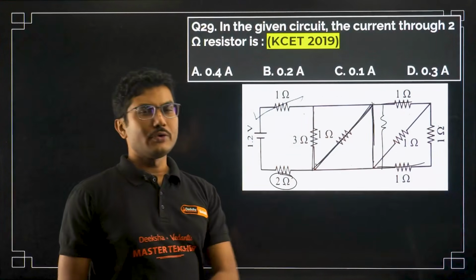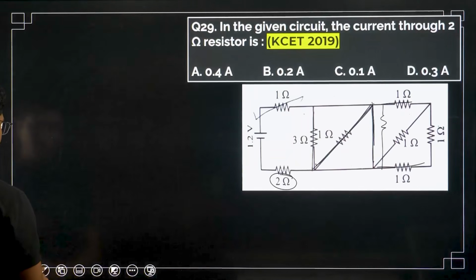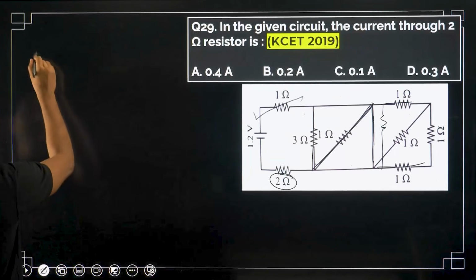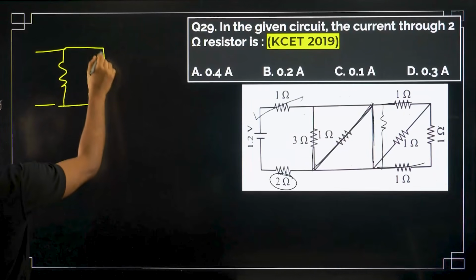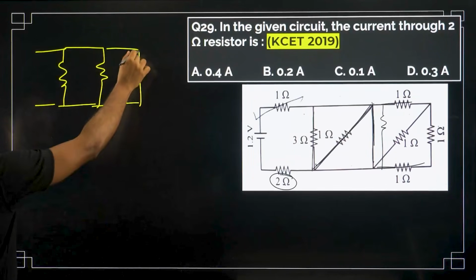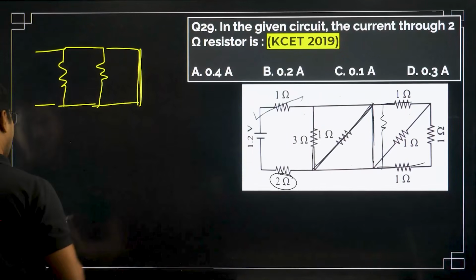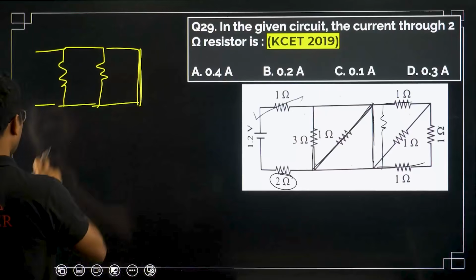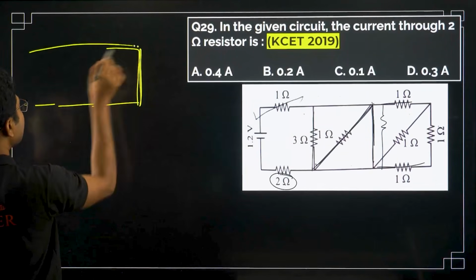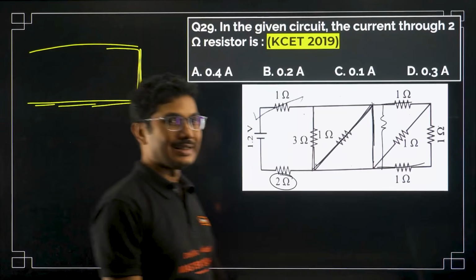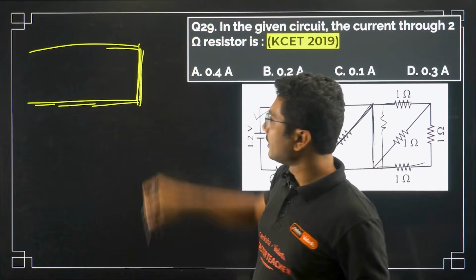If you see this kind of circuit where a few resistances are connected to a zero resistance, a straight line means zero resistance, then you can simply ignore these resistances. They will not have any effect, and you only need to consider this straight line.